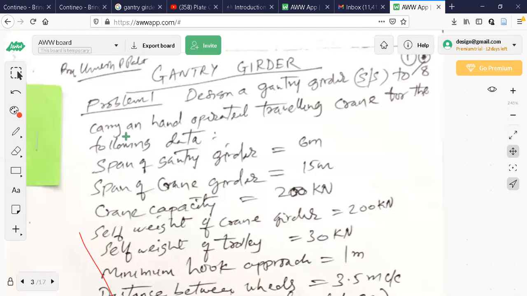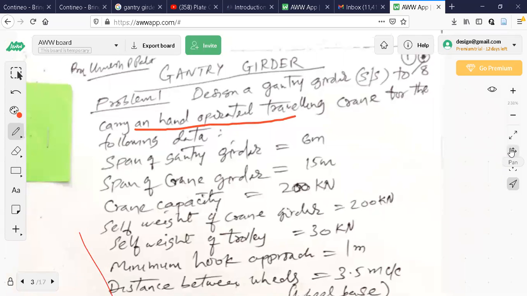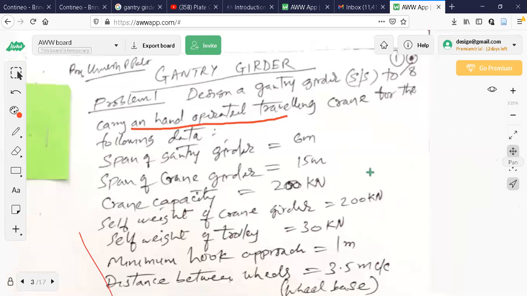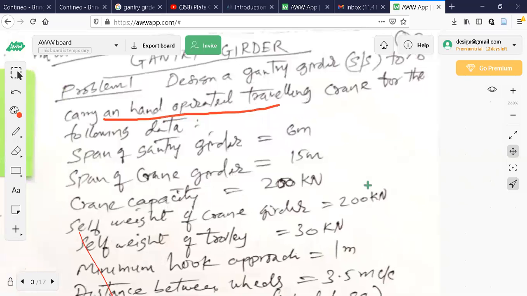Hand operated he is telling here, hand operated traveling crane for the following data. So if it is operated remotely or with some system other than hand operated, some values will be different. That's all. There is not much change. If it is power operated in place of hand operated, some values will be slightly different. That's all. Nothing much is there. That I will explain.